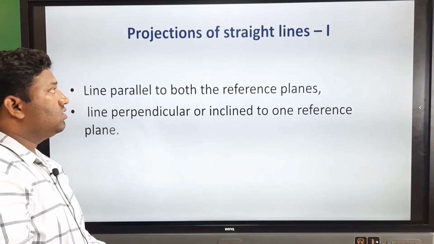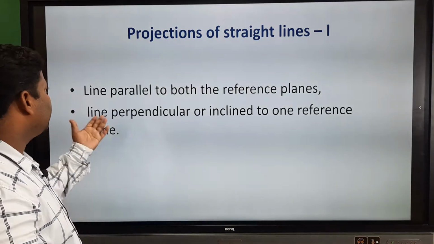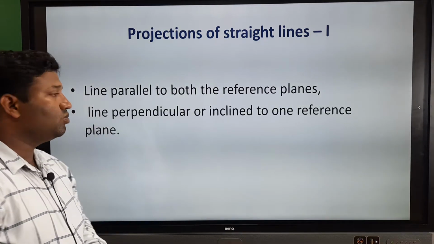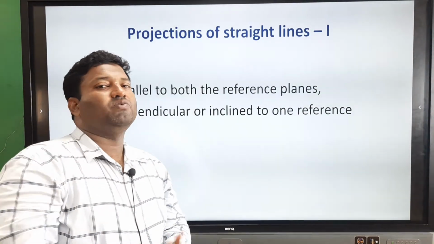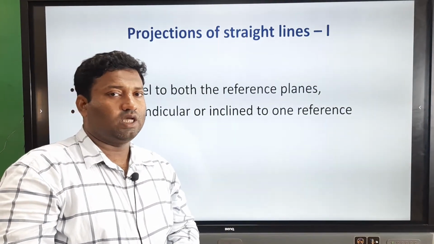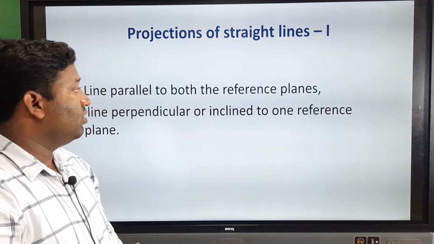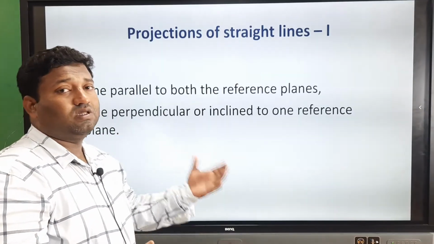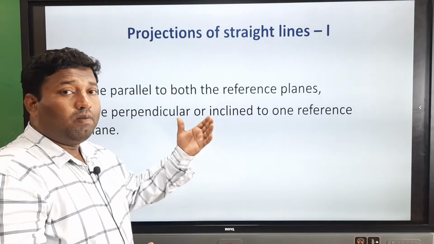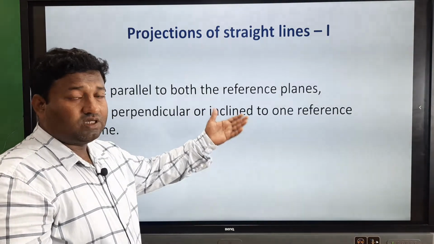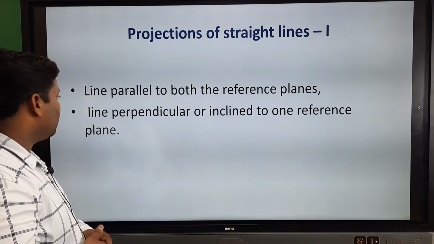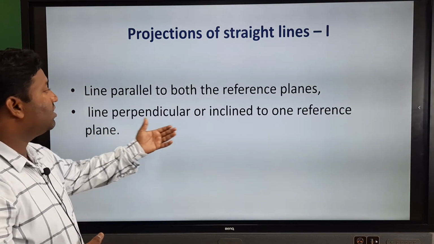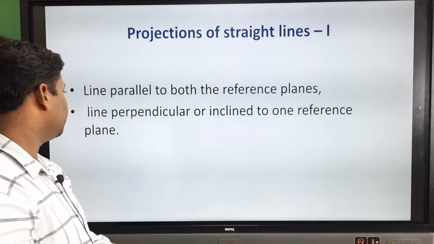Here we have to show the line parallel to both the reference planes, that is HP and VP in the projection. Second, the line perpendicular or inclined to one reference plane.